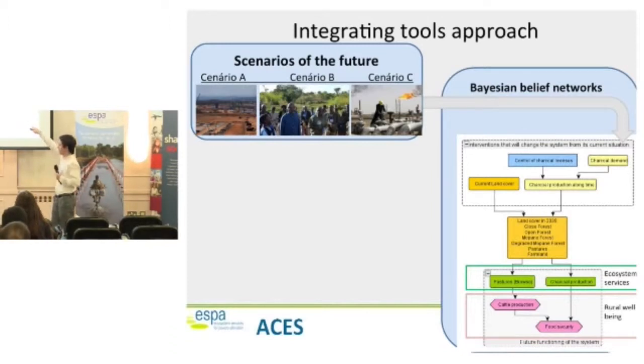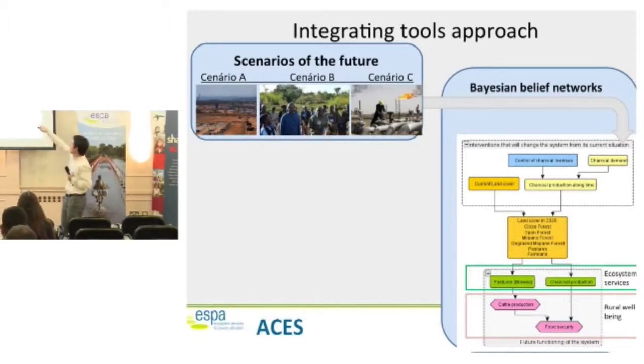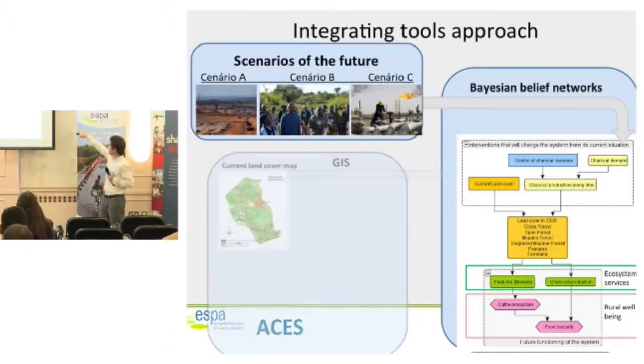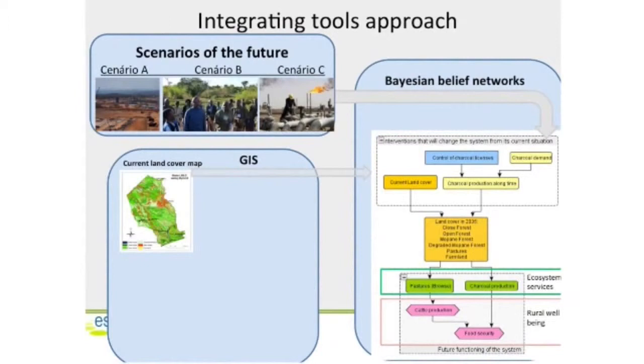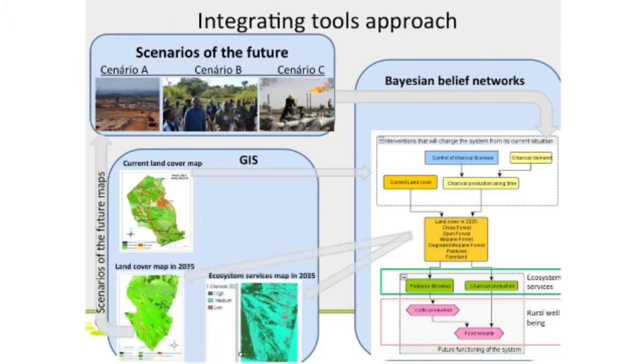We use the results from the scenarios of the future to conceptualize the BBN, the Bayesian belief networks, and we use a different set of data for the BBN and for the scenarios, but also we use geographical information systems as input data. One of the input data is the current land cover map of the area, but the model also produces maps as an output, as a result.